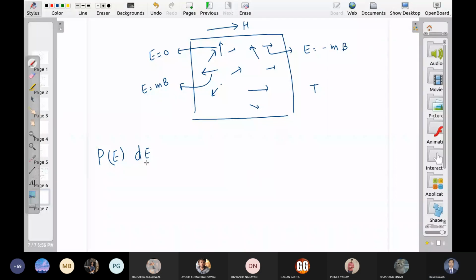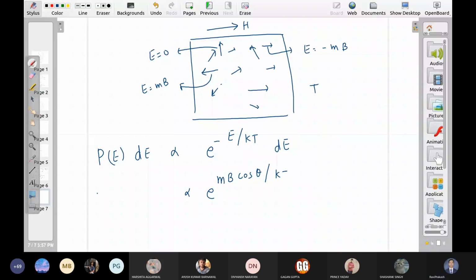So the number of magnetic moments which have energy in the range dE around E are proportional to e to the power minus E upon kT dE. What is E? E is equal to this formula, mb cos theta upon kT dE.